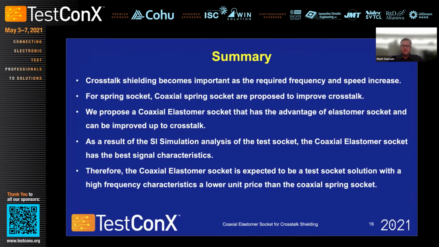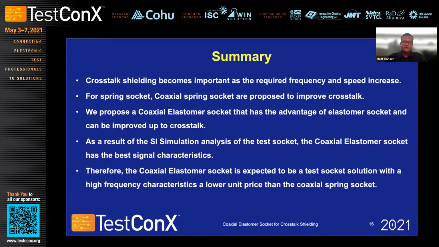So in conclusion, we're saying that crosstalk shielding, of course, is super important for these very high data rates. Spring probe and elastomer sockets both improve crosstalk, although we would argue that elastomer should present a lower cost of ownership over time.